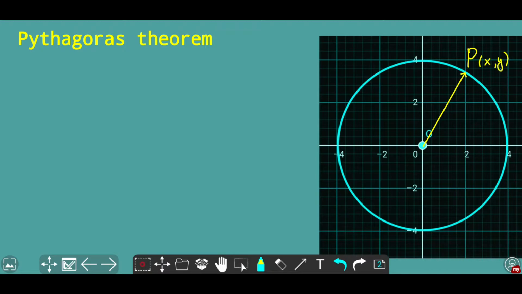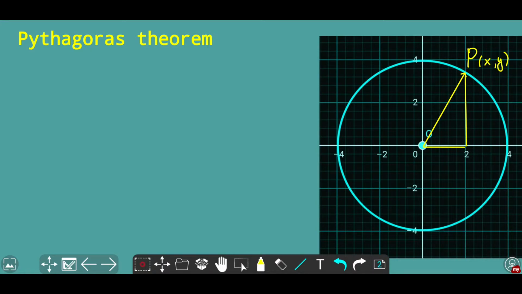And what I'm going to do right now is say that we have a triangle, which is right angled. From the origin, go parallel to the x-axis and then upward.